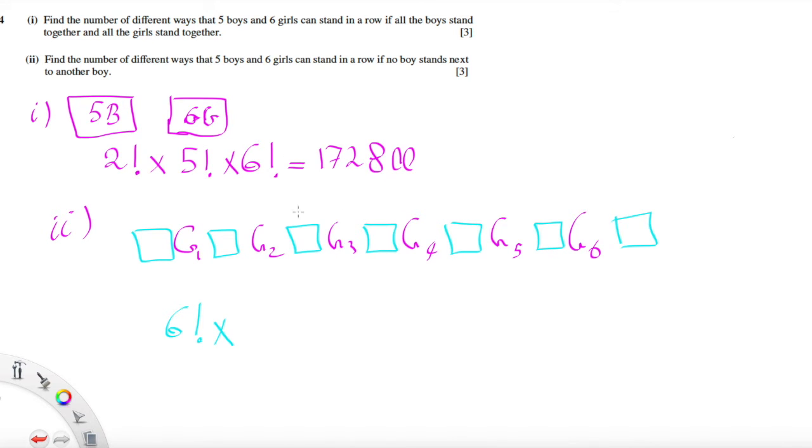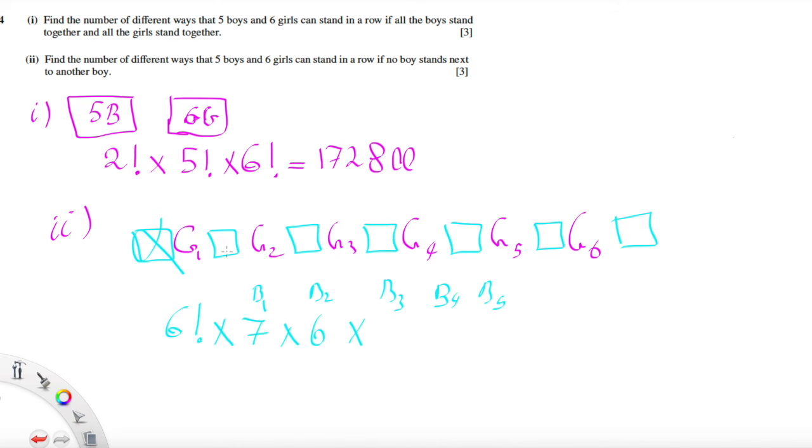For the first boy, there are 1, 2, 3, 4, 5, 6, and 7 options to stand. So for the first boy, boy 1, boy 2, boy 3, boy 4, and boy 5. Now, for the second boy, one of them will be occupied, so the second boy will have 6 options.